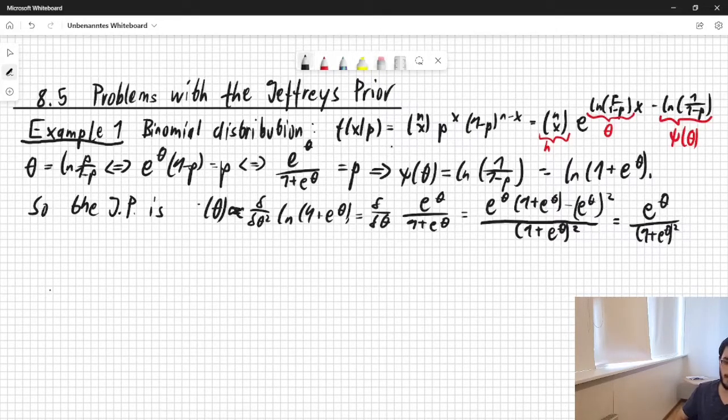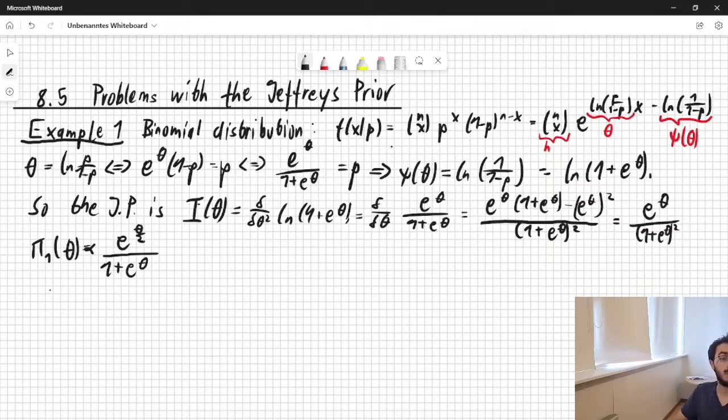This here is the Fisher information, and then the Jeffrey prior is the square root of this. I shouldn't write proportional here, this is exact. But the Jeffrey prior is proportional to e to the power of theta divided by 2 divided by 1 plus e to the power of theta, which cancels out, so sorry, it shouldn't be power of 2, it's just 1 plus e to the power of theta.